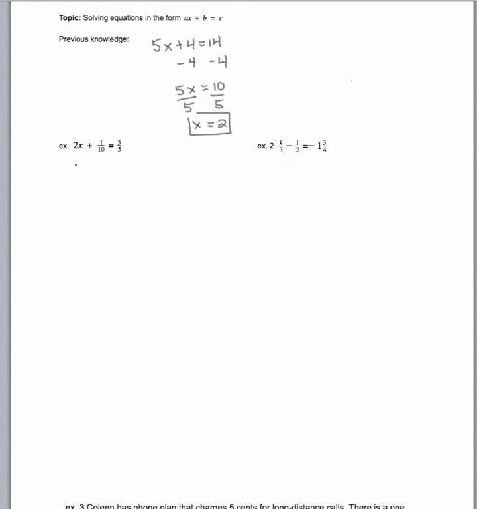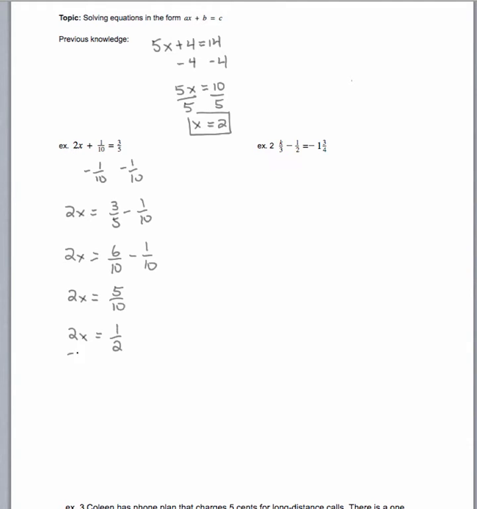So in this first problem, we have 2x plus 1/10 equals 3/5. So we're going to start by moving the 1/10 over by subtracting it from both sides. This will leave us with 2x equals 3/5 minus 1/10, and when we subtract fractions, we want to make sure we make a common denominator, so 2x is equal to 5/10, which can be further reduced to 1/2.